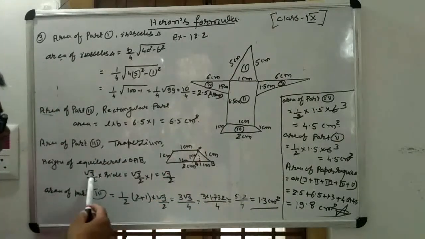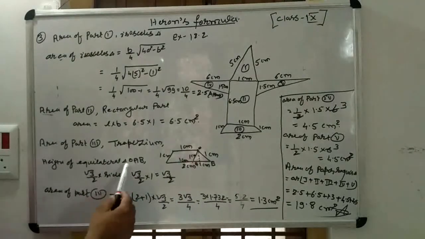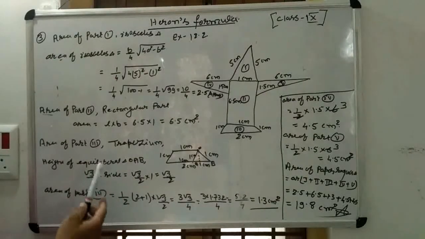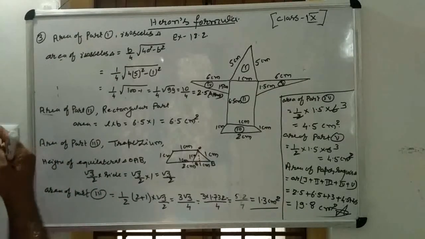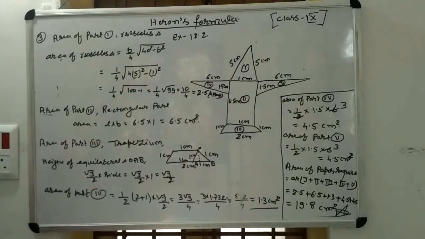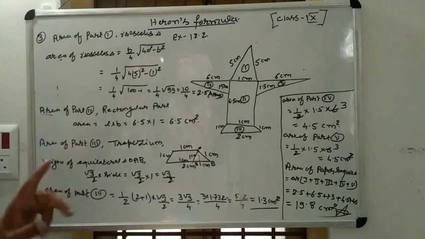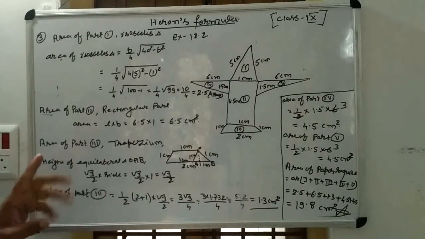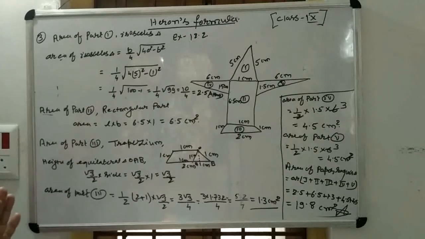So we calculate the height of the equilateral triangle. As you know, the height of an equilateral triangle is root 3 by 2 into side.